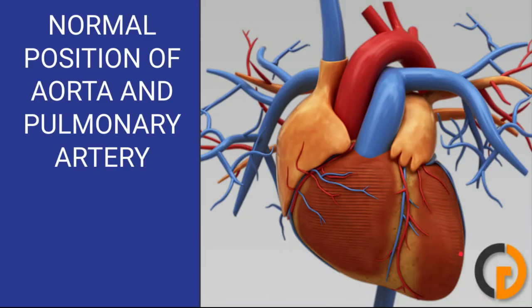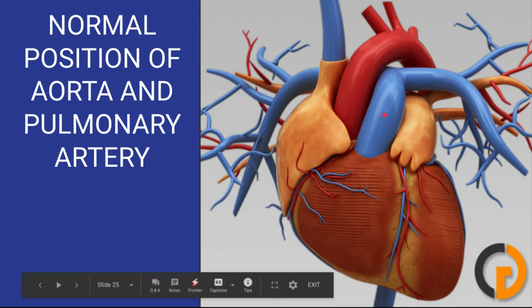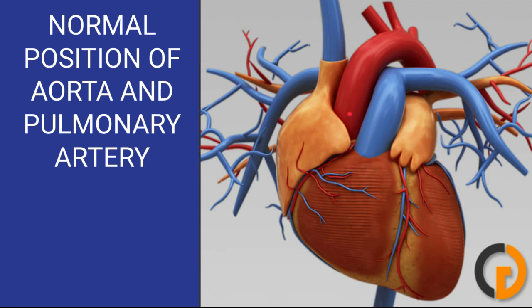Next, second most common disease is TGA, transposition of great arteries. So this is normal heart structure in which pulmonary artery is anterior and aorta is posterior and towards right side. So when this aorta originates from right ventricle and is placed anteriorly and on right side, it's called DTGA or dextro TGA.